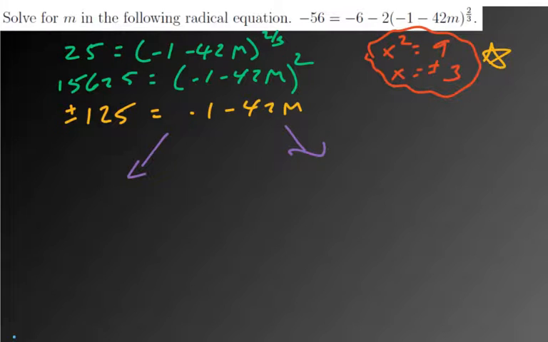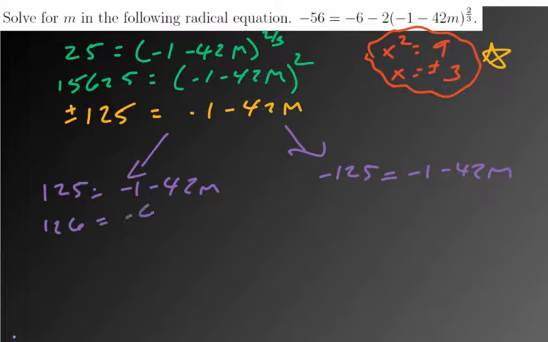So let's take the positive one over here, and then the negative one over here. So we're going to add 1. We get 126. And then divide by negative 42, and we would get negative 3.